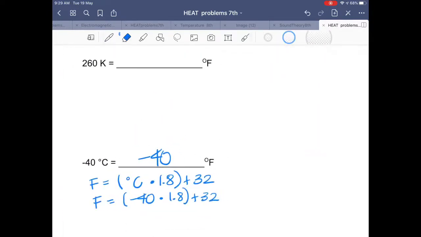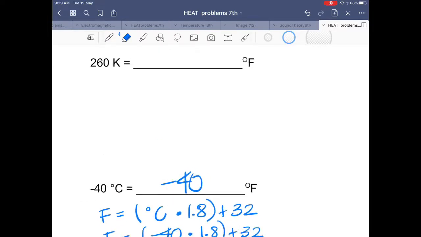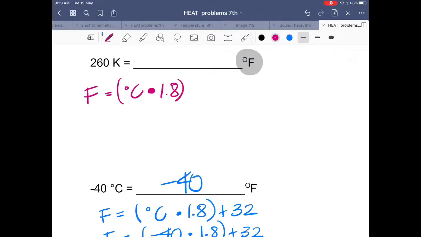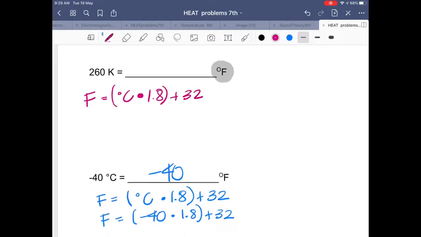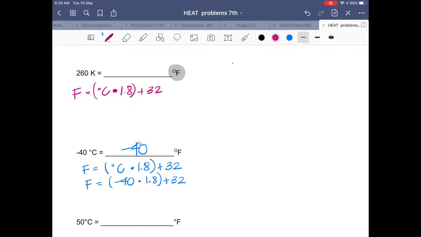Now let's do this one, Kelvin to Fahrenheit. You're searching for Fahrenheit, so let's put our formula: Fahrenheit equals degrees Celsius times 1.8 plus 32. You don't have degrees Celsius, so you put degrees Celsius equals Kelvin minus 273. Remember always that your first step is to put what you're searching for and then find out what else you are missing.